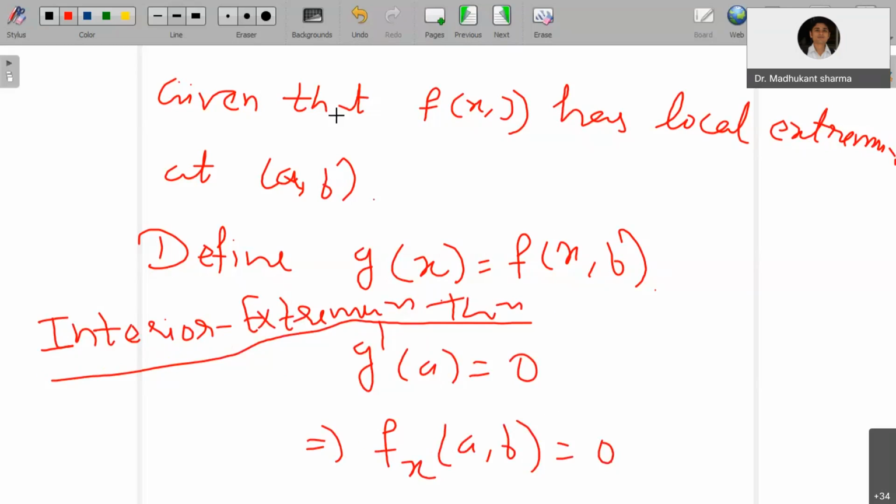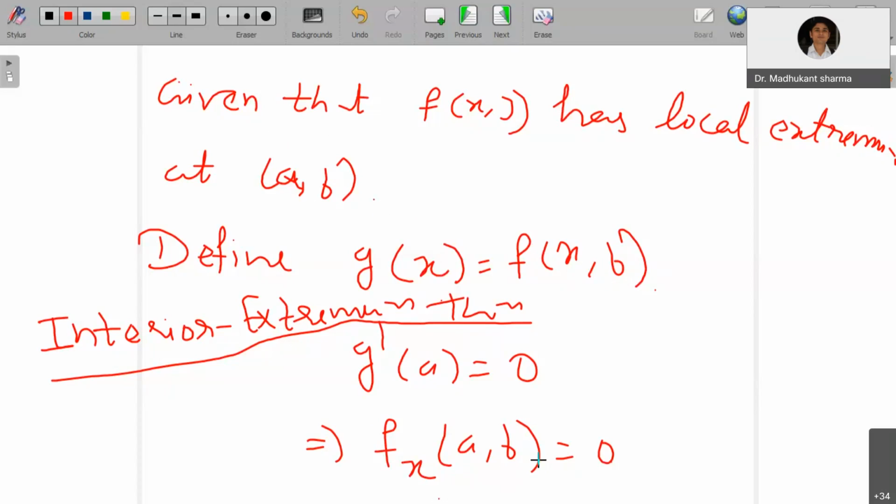Similarly, you can define h of y equal to f of a comma y, and then you can again apply the extremum theorem, that will also tell you f y at a b is 0. So indirectly what it says is that you have to collect all possible interior points inside the region where all the first order partial derivatives vanish simultaneously, not individually.